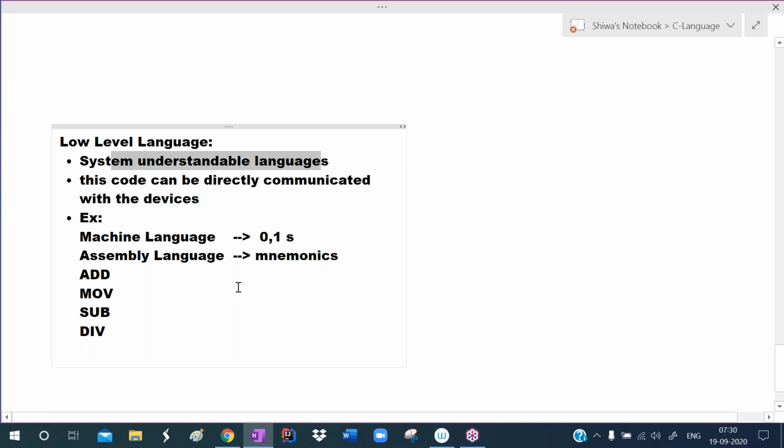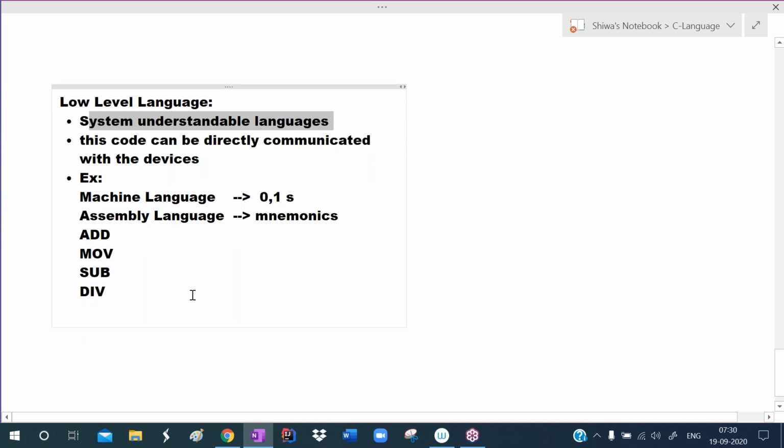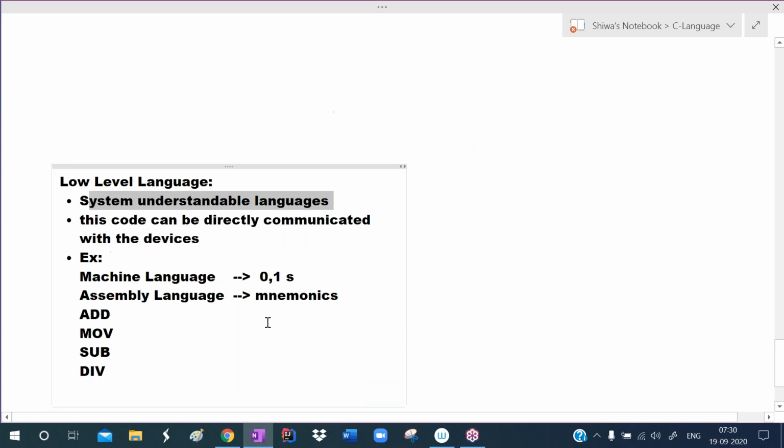Understanding this code is difficult for us. Assembly language code, by taking some time, we can understand, but it is not that user friendly. So all these are called low level languages. Low level languages are system understandable languages.